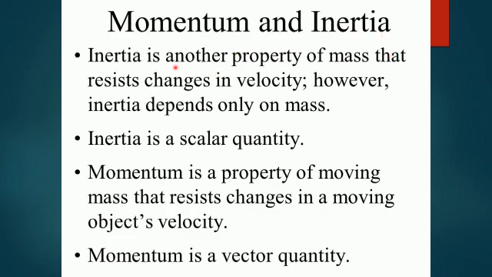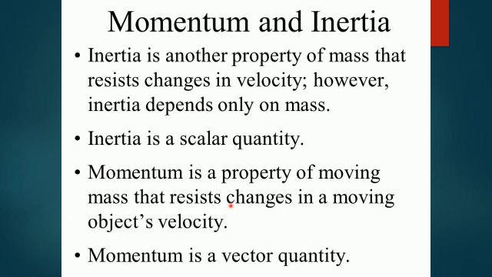So we know inertia is another property of mass and it depends only on mass, and inertia is a scalar quantity and it talks about the resistance to change in position. Then momentum is the property of a moving mass that resists changes in a moving object's velocity. So it depends upon the objects which are moving and are not able to change their motion.